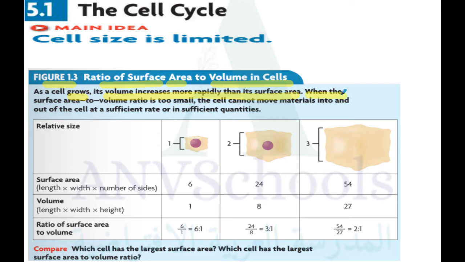When the surface area to volume ratio is too small, the cell cannot move materials into and out of the cell at a sufficient rate or in sufficient quantities. This brings about a big problem.